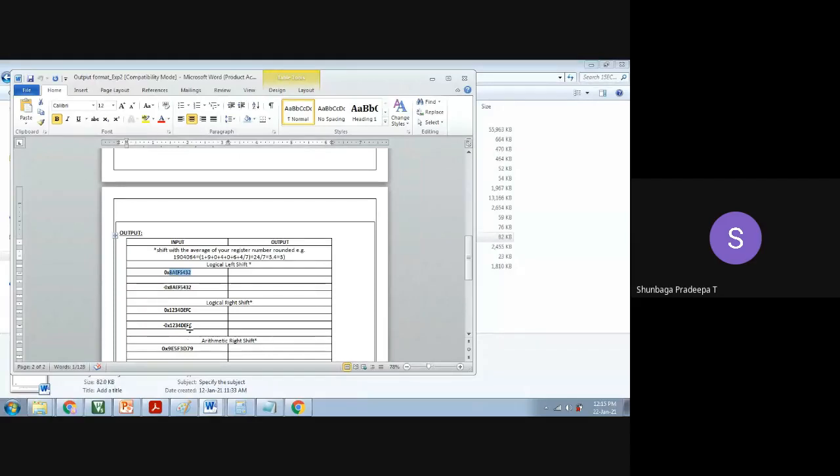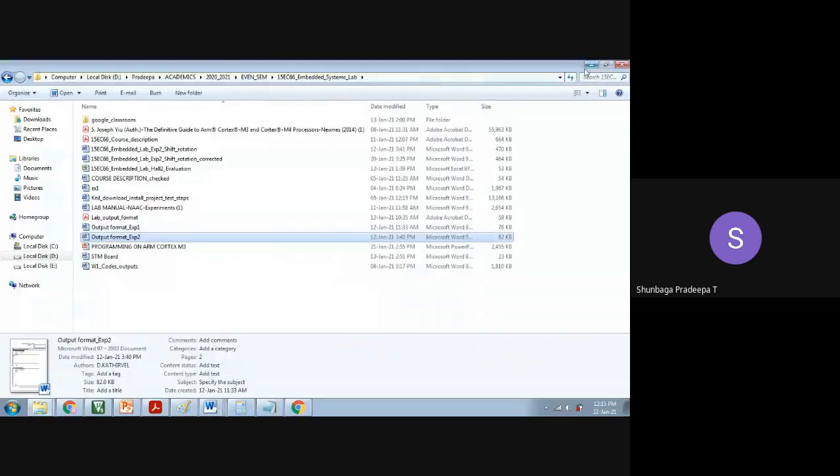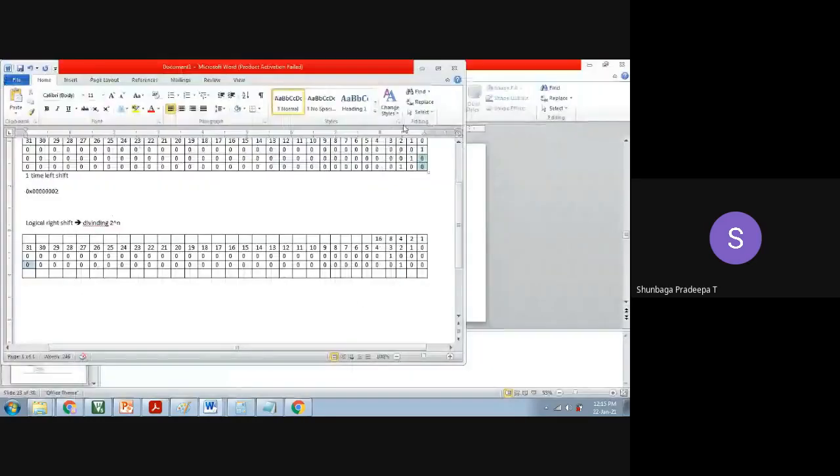Then that is to be shifted a number of times. The number of times you have to shift depends on your register number. So it is not common for all of you. You take your register number, take the average of it, round it. So if it is 3, then this binary number has to be left shifted by 3 times. For all the other things also, you have to do it manually. So that will be your homework for this experiment.